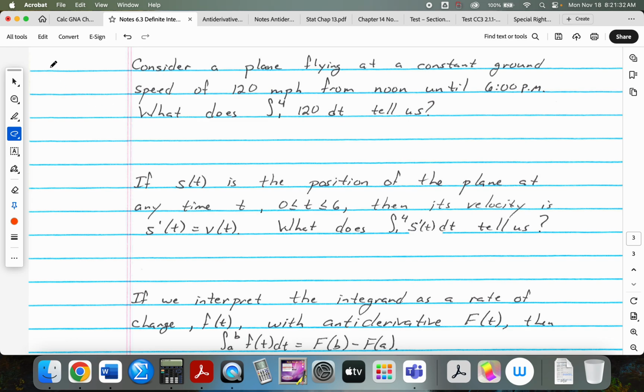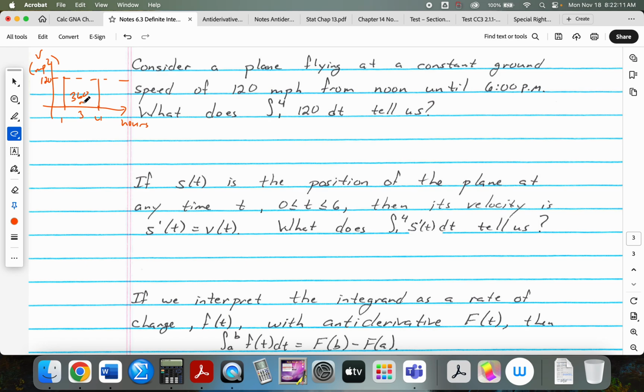So if you think about it, this is the velocity in miles per hour. It's always 120. And we're going from 1 to 4, and this is hours. So this is going to be 360, and what are the units going to be?